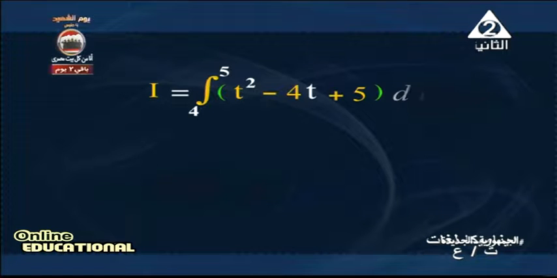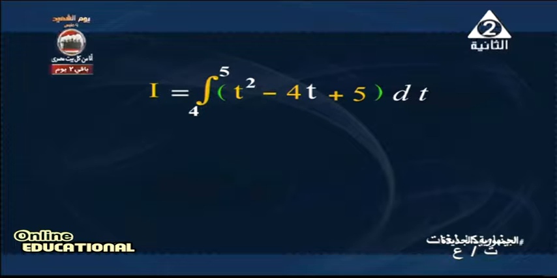But in this case, I equals integration of t² − 4t + 5 dt from t equals 4 to t equals 5, because the impulse here is in the fifth second only.